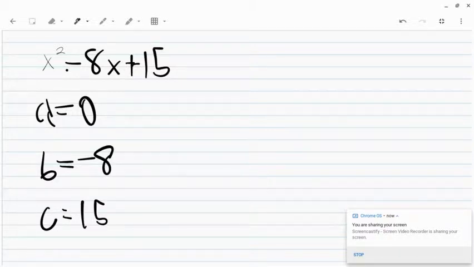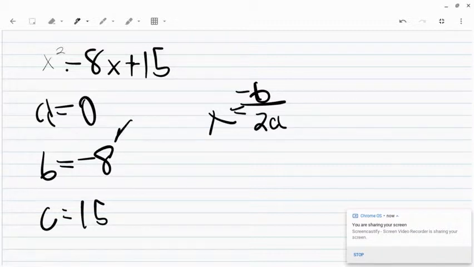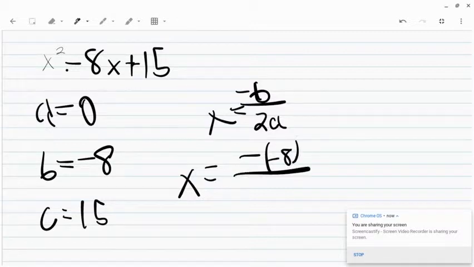So now we're going to find the axis of symmetry, and you will use the axis of symmetry equation, which I have already shown, which is x equals negative b divided by 2a. So you plug in the numbers that we have already found, a and b. x equals negative negative 8 over 2 times a.